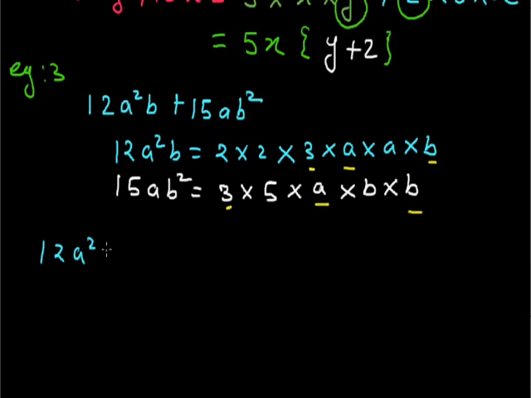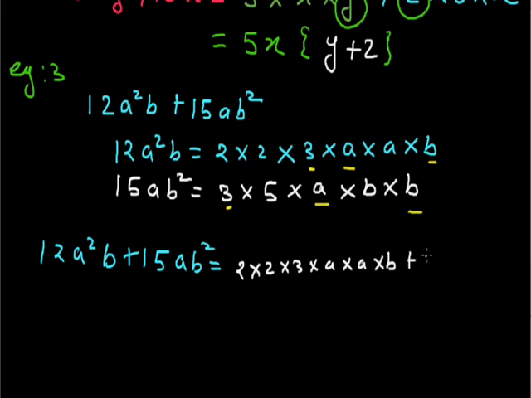12a square b plus 15ab square can be written as 2 into 2 into 3 into a into b plus 3 into 5 into a into b into b.